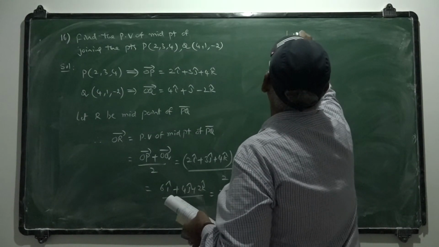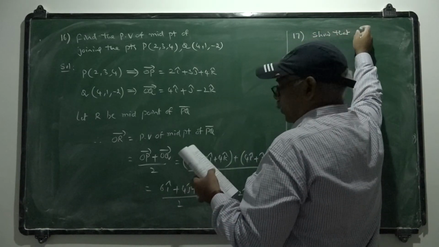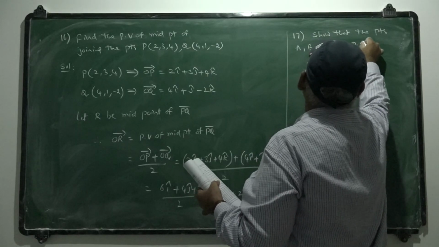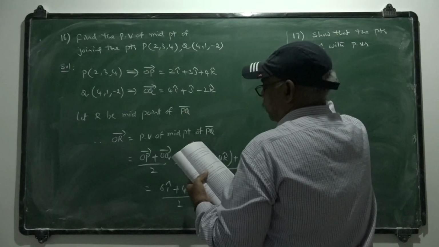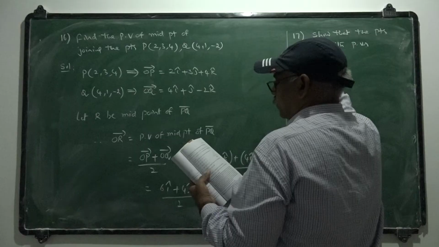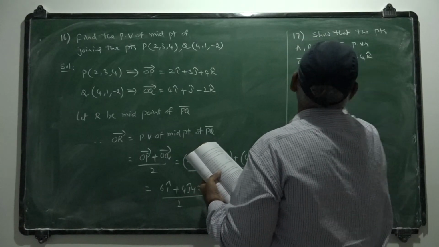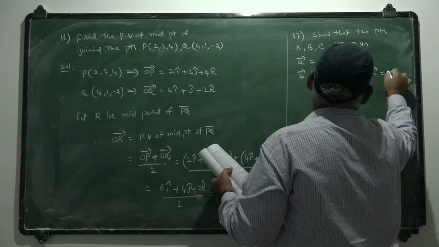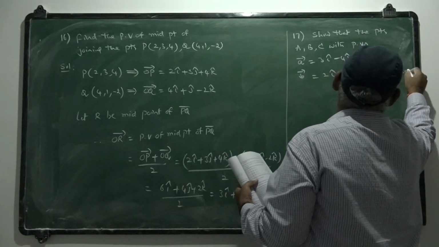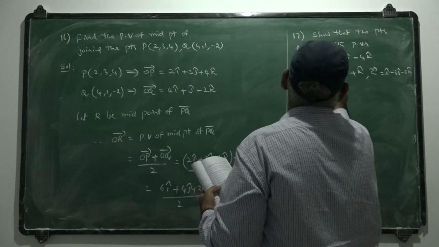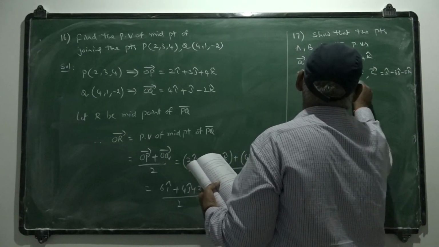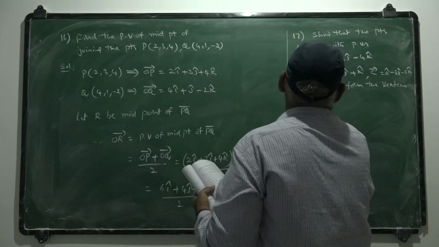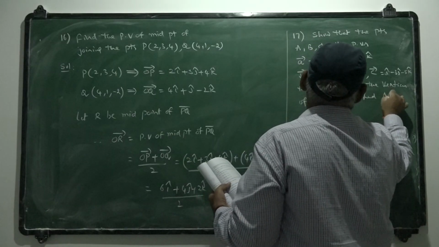Next one. Show that the points A, B, C with position vectors A bar equal to 3i plus 4j minus 4k, B bar equal to 2i minus j plus k, and C bar equal to i minus 3j minus 5k respectively, form the vertices of a right angled triangle.